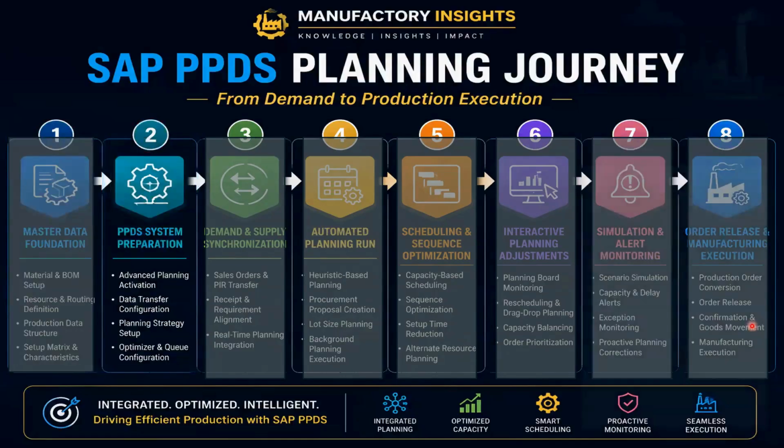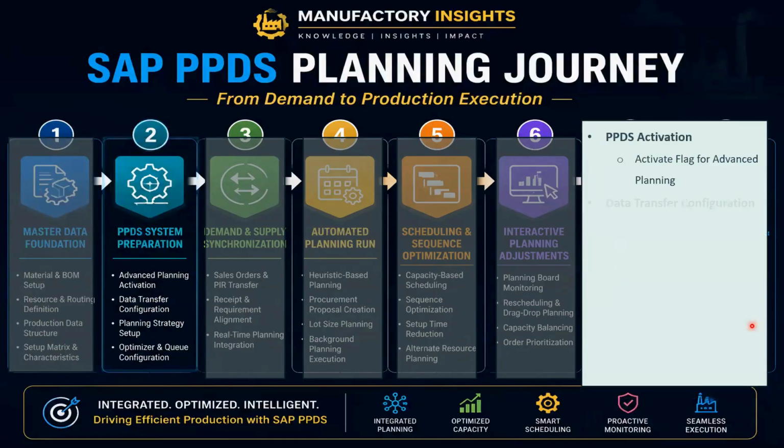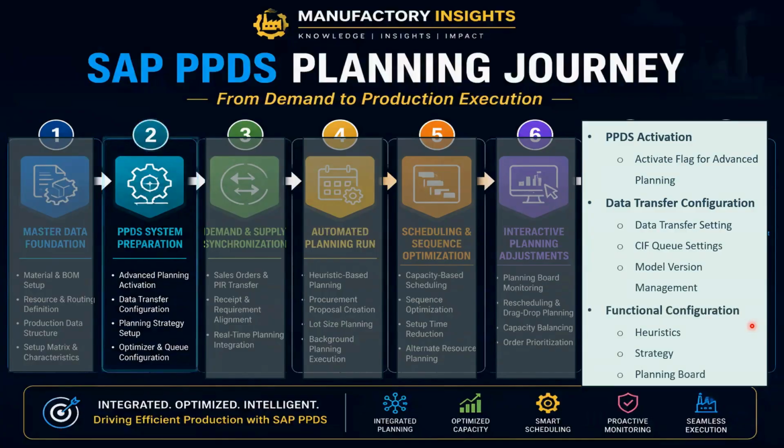The next section is PPDS system preparation. To work with the PPDS system, the basic requirement is that PPDS needs to be activated in the particular system at the configuration level. The second important setting is data transfer configuration.